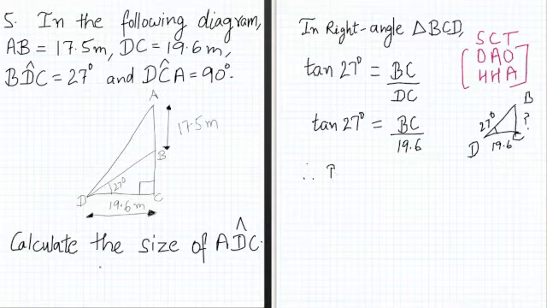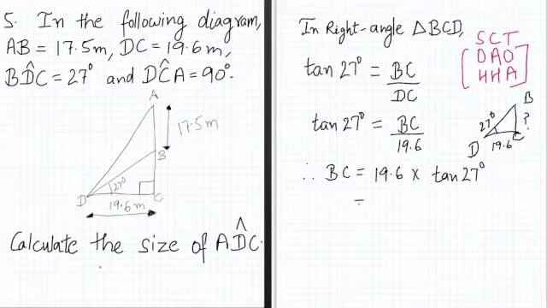Therefore BC is equal to 19.6 multiplied with tan 27 degree, and by using a calculator you can calculate the value of tan 27 degree, then multiply with 19.6. It will give you 9.99 meter, which is approximately 10 meter.